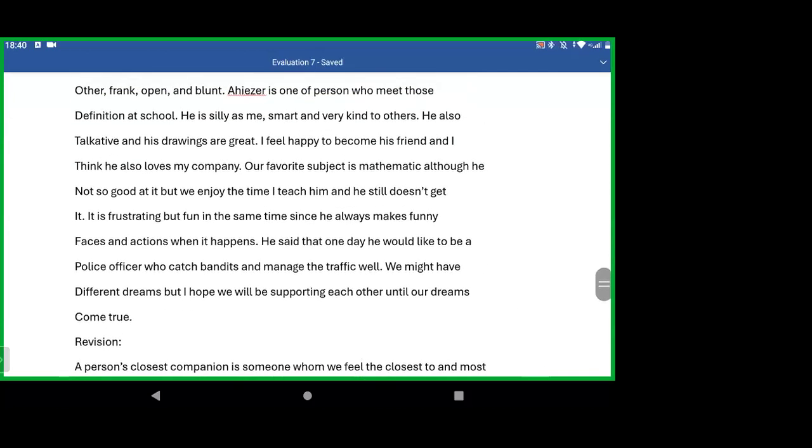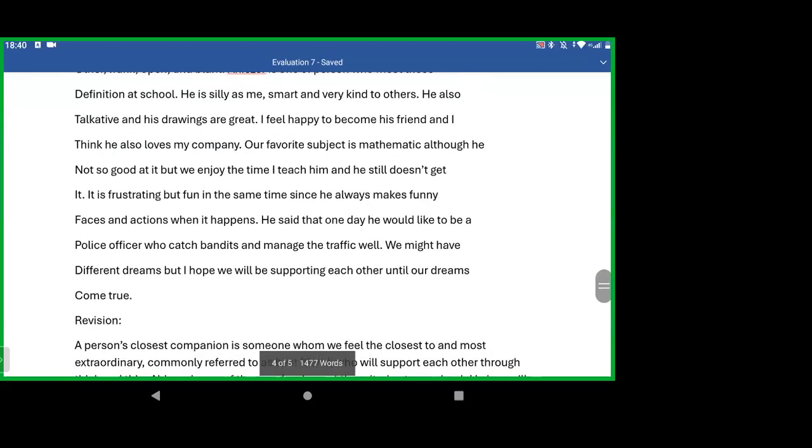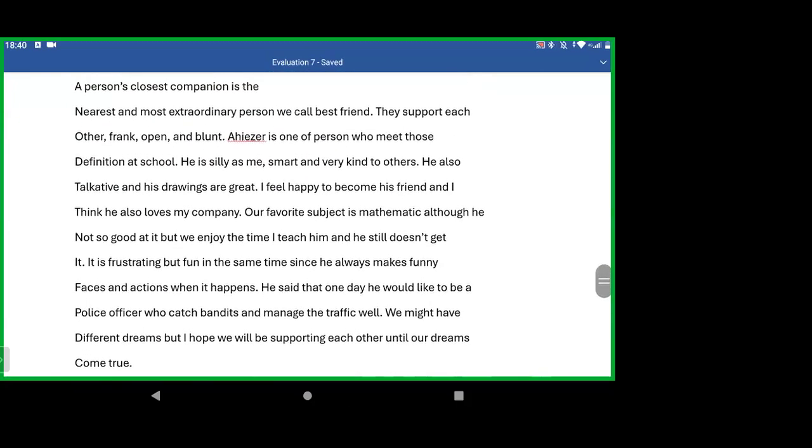Anyway, next sentence. He is as silly as me, smart, and very kind to others. So he is as silly as I am. There's me, I, and I am, the pronouns. We're trying to make this balanced.